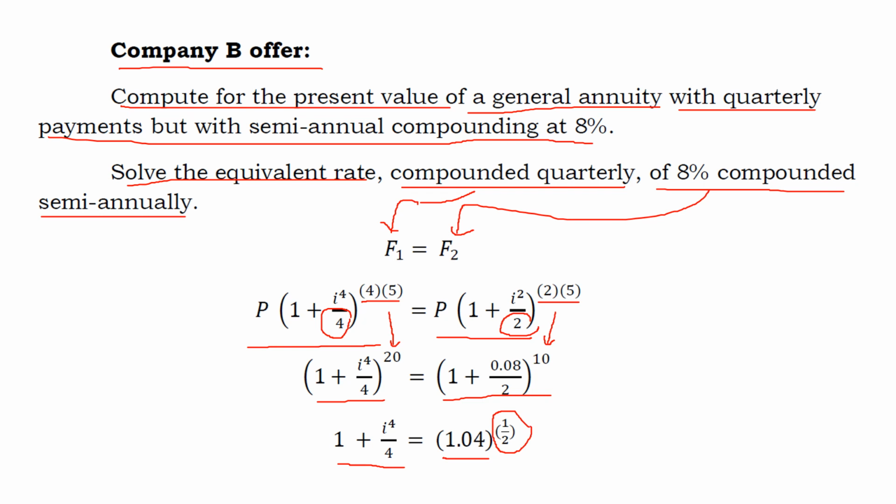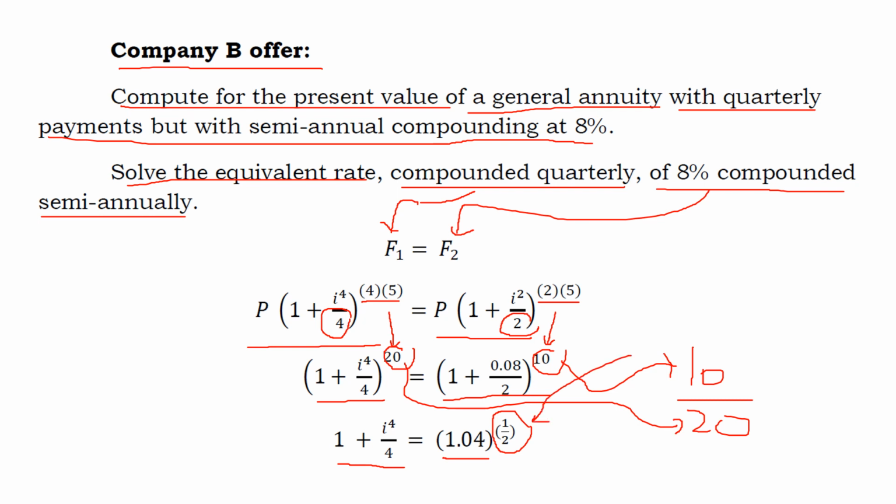Because if we take the ratio between your 10 and 20, as you can see here, the exponent in the left side of your equation will be 20. If you take the ratio between your 10 and 20, that will be your simplified exponent at the right side of your equation for the company B offer. So if you're going to simplify, then you can use your calculators for us to simplify this 1.04 raised to 1 half, or simply the square root of 1.04.